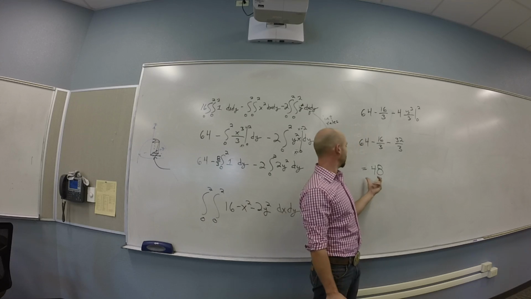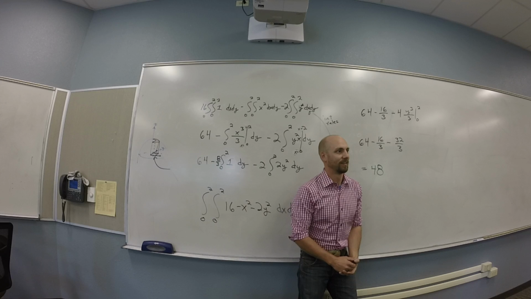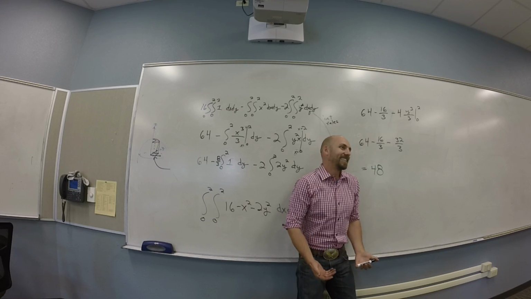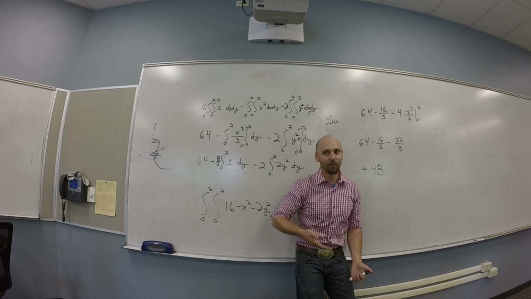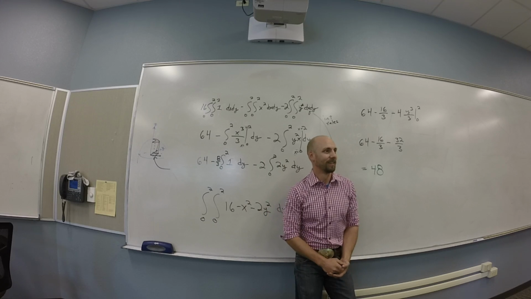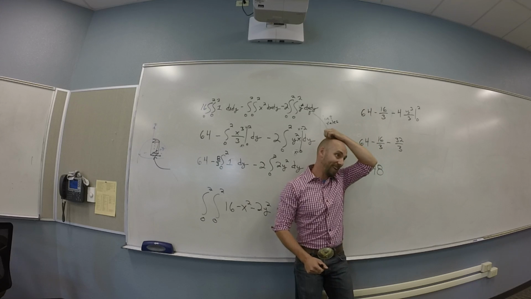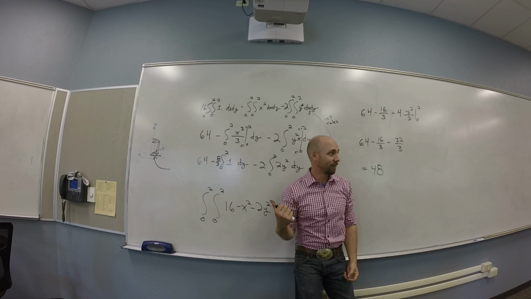Do I know that this is all positive? 0 to 2. Yes. I just drew a picture to convince you of that. How do you know that this thing didn't get under the xy plane for part of that? Because the xy plane was one of our bounds. Yeah, 16 up probably took care of it, right? How can you figure that out? Take the lowest point. Where's the lowest point going to be?